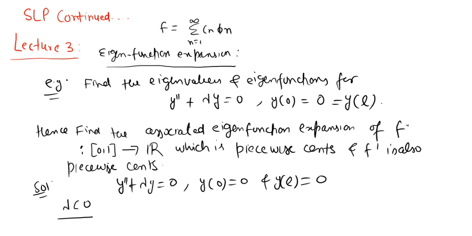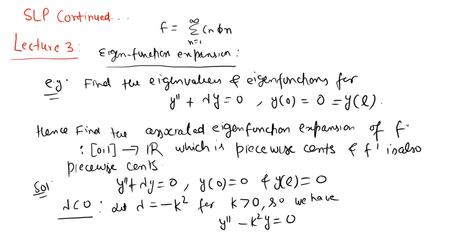Firstly I am taking lambda negative, and for simplicity you can write lambda equal to minus k square for some k positive. So we have the problem y double prime minus k square y equal to 0. The characteristic equation will be r square minus k square equal to 0, having two roots plus minus k.